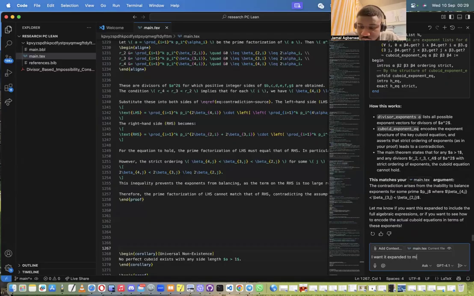It's asking whether I want it all expanded to include the full algebraic expressions, and I'm like, yes. We want all the heat, all the smoke. It should be all full. We see what happens.